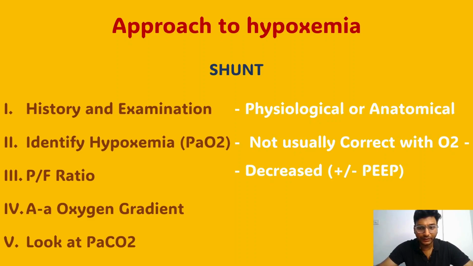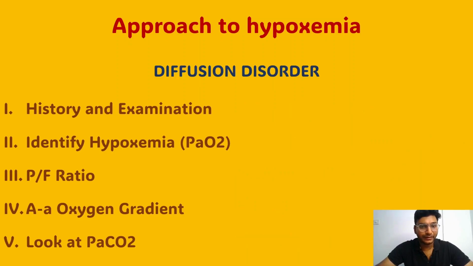You might have to give a higher PEEP so that the shunt physiology is overcome, right? Like in case of sympathetic crashing acute pulmonary edema, and here the shunt causes a diffusion defect, which results in an increased gradient, and PaCO2 may be normal or decreased.